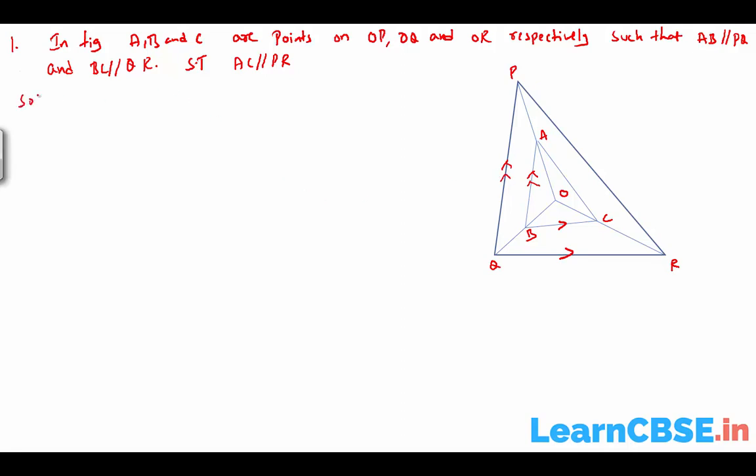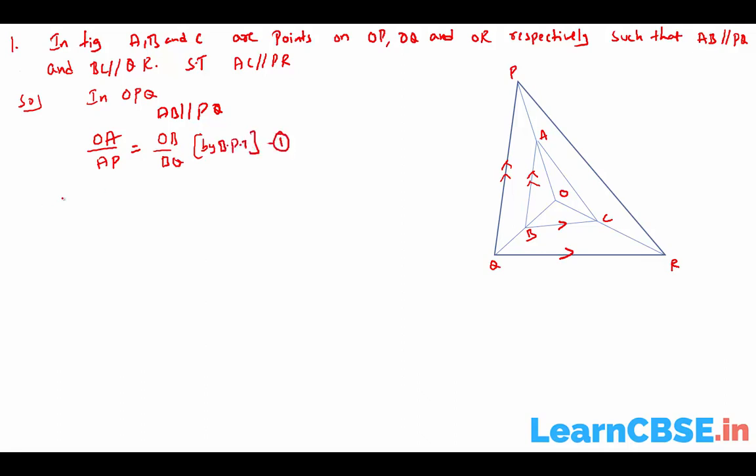Solution. In triangle OPQ, AB is parallel to PQ. That means OA by AP equals OB by BQ, by BPT.